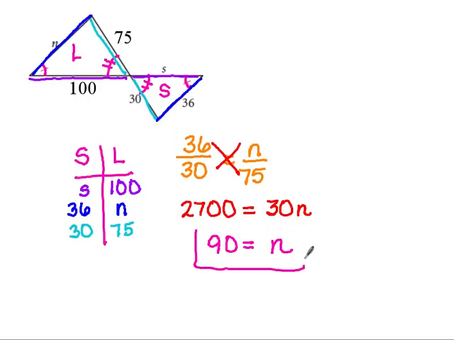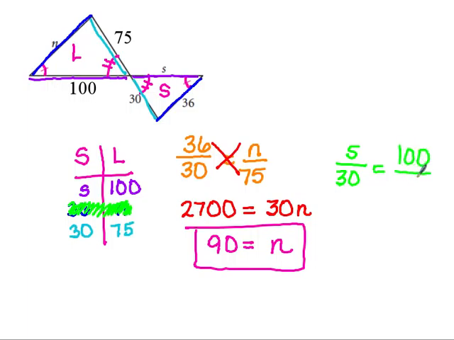N is 90. Now I'm going to go ahead and find S. But what I'm going to do here, it's going to look a little weird. I'm going to go ahead and just cancel out this one right here. And there's my fraction then. So my fraction in this case will be S over 30 equals what? 100 over 75. Now be careful that your S doesn't look like a 5.